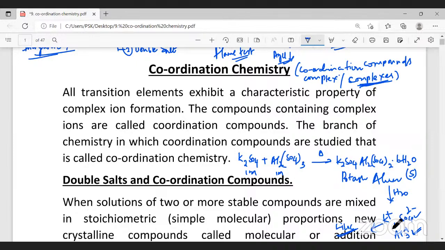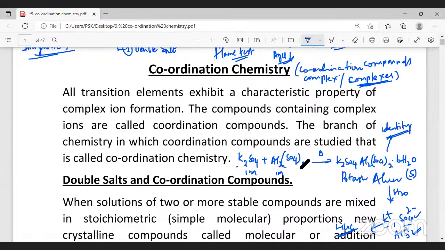That means a double salt will behave like a simple salt in aqueous medium. Only in its solid state, it maintains its identity as a double salt. A double salt is a combination of two simple salts. Potassium sulfate is a simple salt.